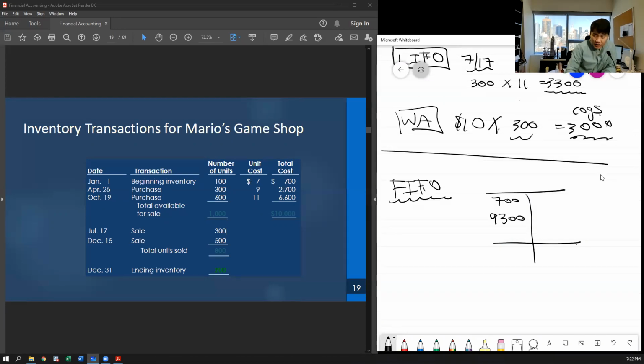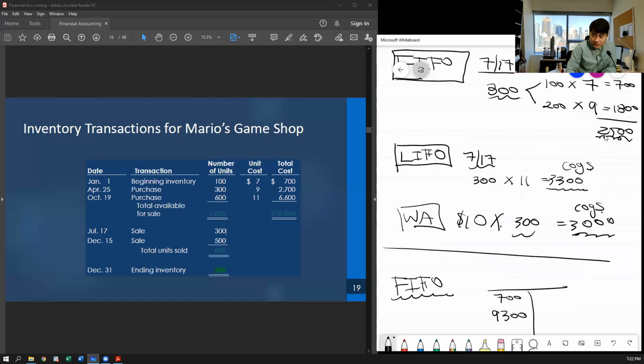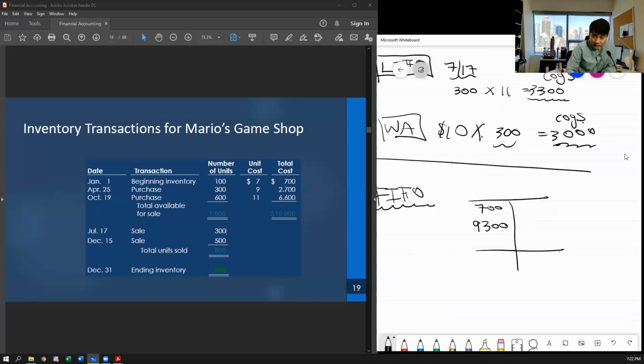Now, we just calculated the cost of goods sold using FIFO, which was $2,500. So the cost of goods sold was $2,500. This is inventory. So at the end of the day, the ending balance of inventory should be 7,500.